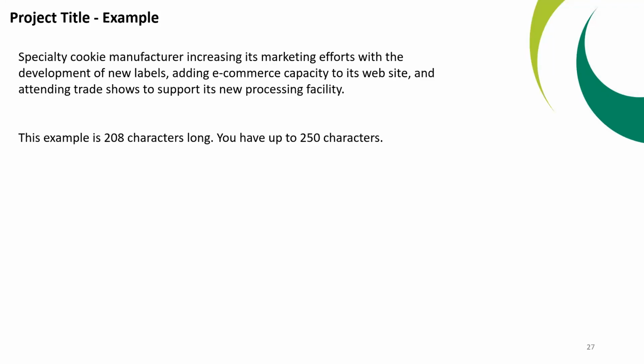That's 208 characters. You've got 250. It gives a few highlights as to what this project is about, so we don't have to dig into the application to see that. We have summary charts that we use to organize things, so this is more helpful.